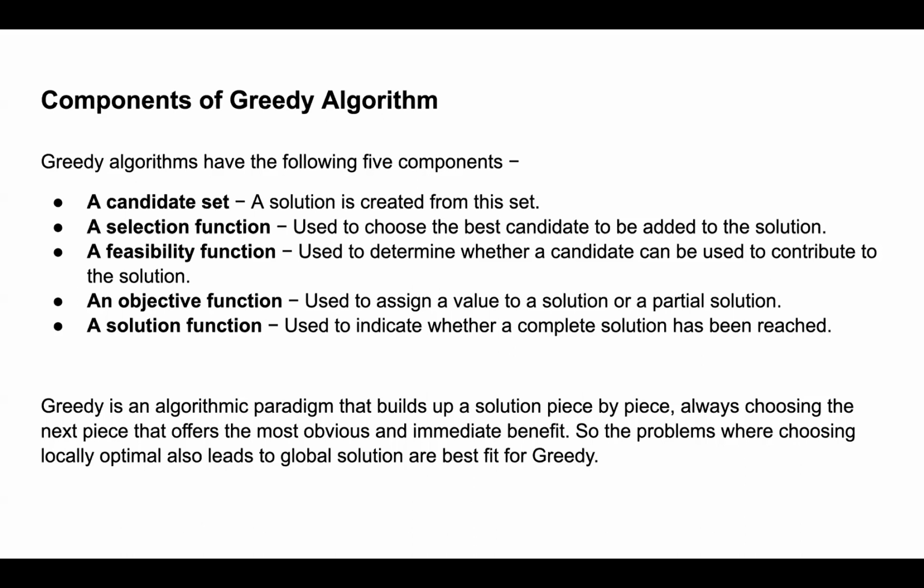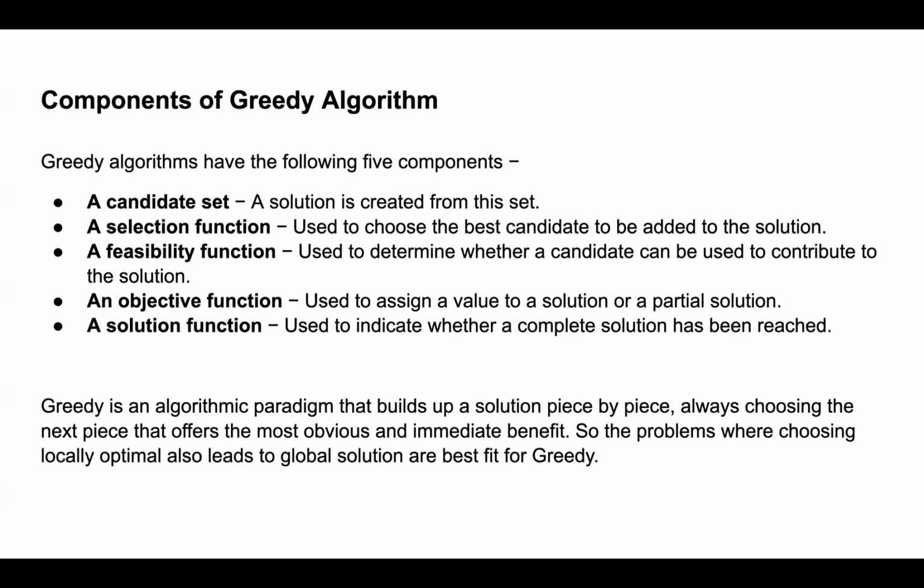As we have seen in the definition of greedy methods, it is a part by part solution, and the next part to be chosen is the one that will give me the maximum benefit. How am I going to consider that the next state is giving me the maximum benefit?